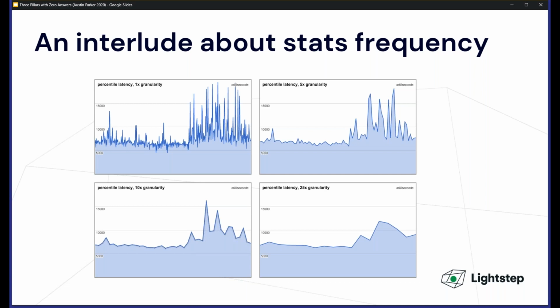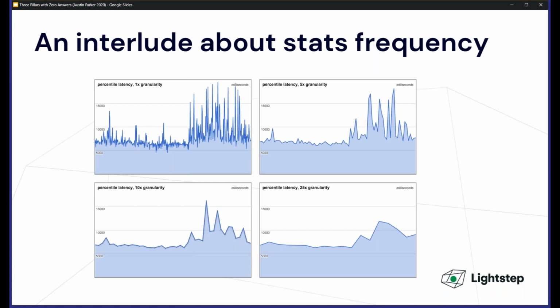Before I get too much further into this, I want to talk about the frequency of statistics. So this is the same data, 4 different ways. The only difference here is that we have a smoothing interval that we're using to compute these percentiles.